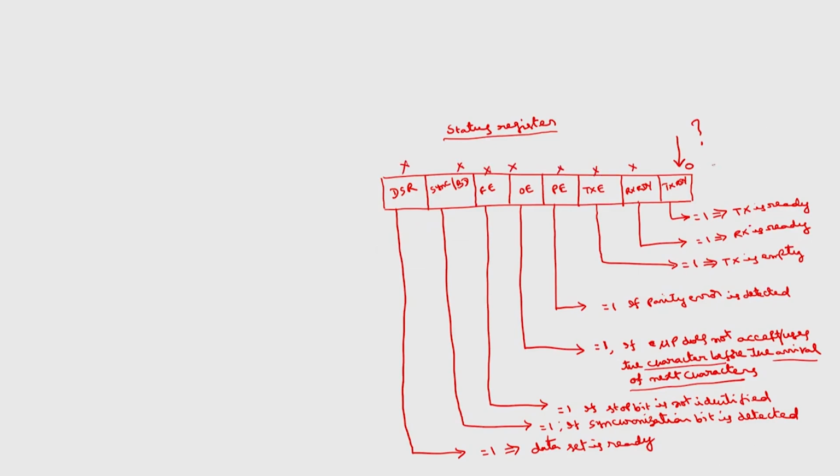You are basically ANDing this with 0 0 0 0 0 0 0 1. So, what will be the result? If this bit is 0, the result is 0 0, if this bit is 1, the result is 0 1. So, after the AND operation, the result can be either 0 0 or 0 1. If it is 0 0, what does it mean? The transmitter is not ready, we have to wait. If it is 0 1, the transmitter is ready, and we can transfer the data.